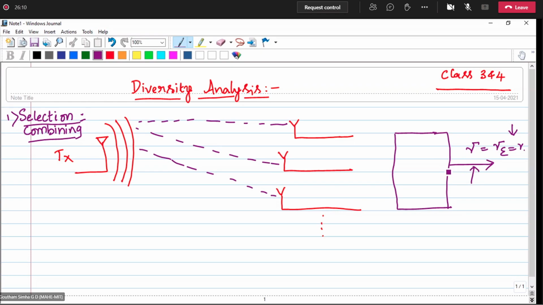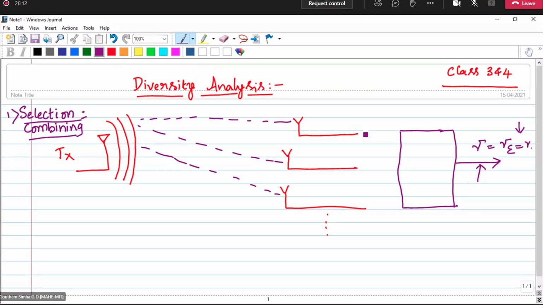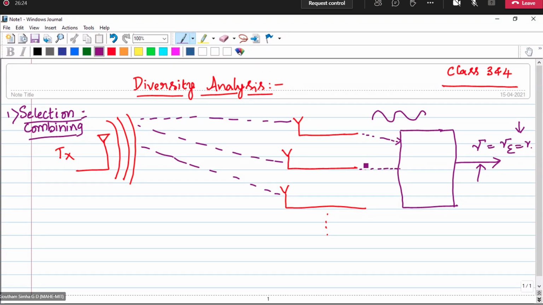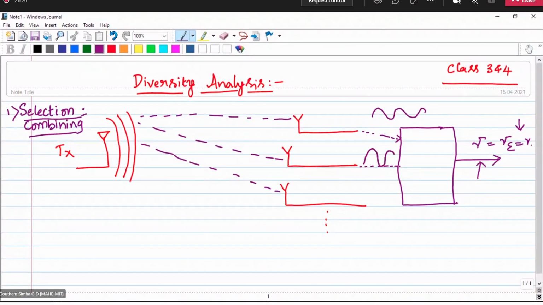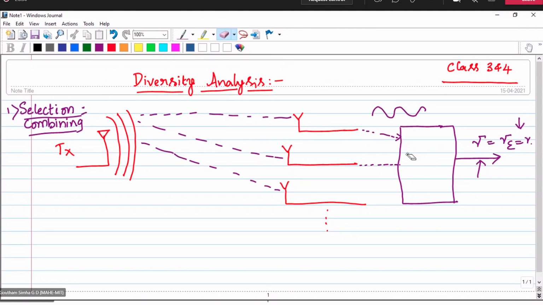Now here, I have received one signal, and let's say the SNR of the signal will be somewhere like this. I have received another copy of the same signal and the SNR is somewhere like this.